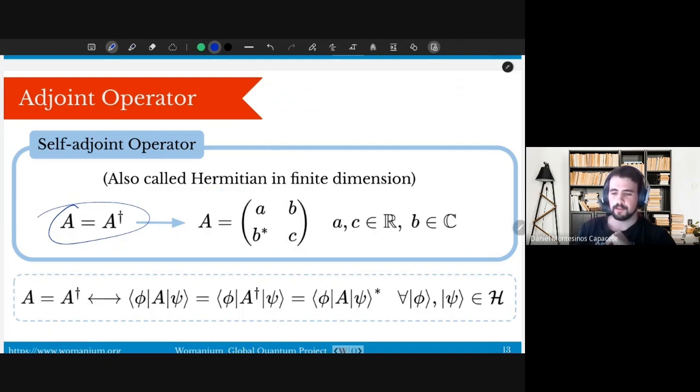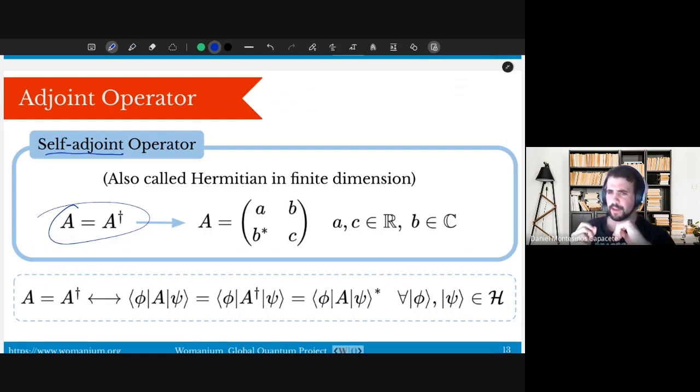And the difference between self-adjoint operator and Hermitian operator is going to be zero for us, but it's not exactly zero because it has to do with the dimensions in the system, because you could go to infinite dimension Hilbert spaces that we are not going to work with. And in that case, things get a little more difficult.